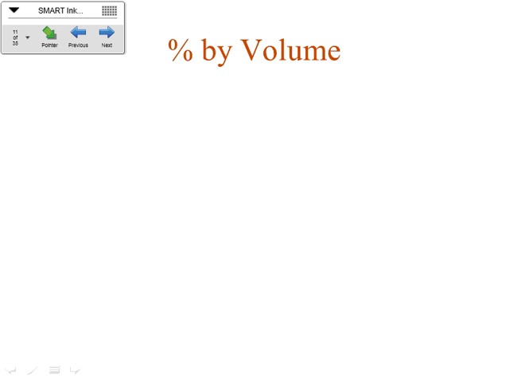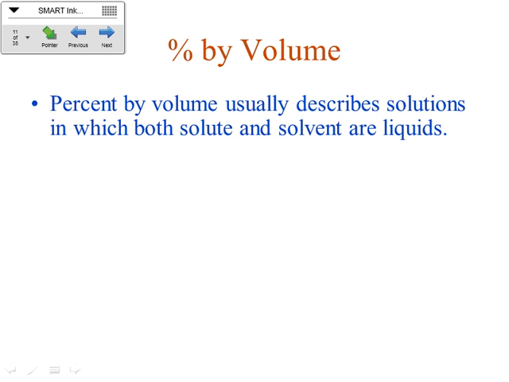Moving on. Percent by volume describes solutions in which solute and solvent are both liquids. So based on what we've talked about so far, give me an example of a time when we would use a percent by volume. Do you remember the liquid-liquid solution that we talked about?